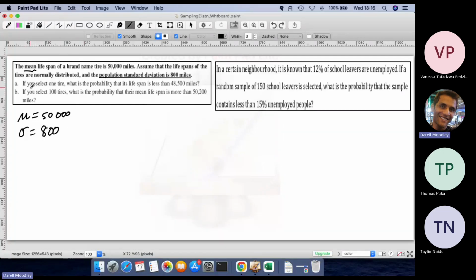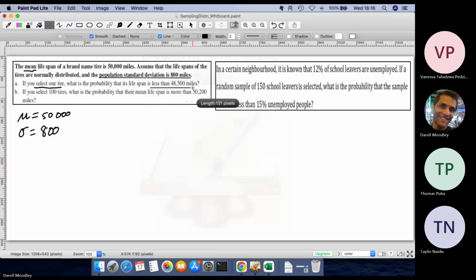If you select one tire, a single tire, what is the probability that its lifespan is less than 48,500 miles?